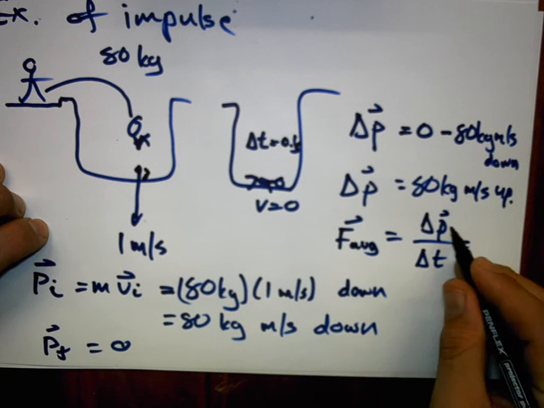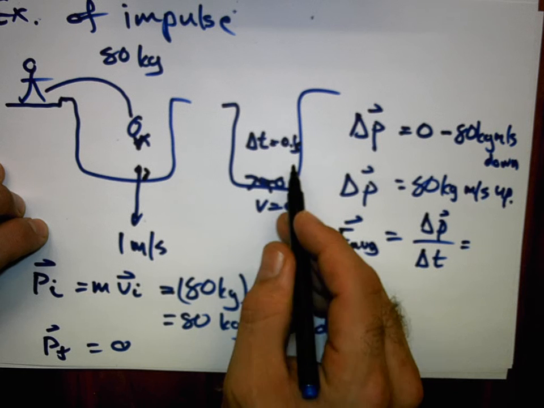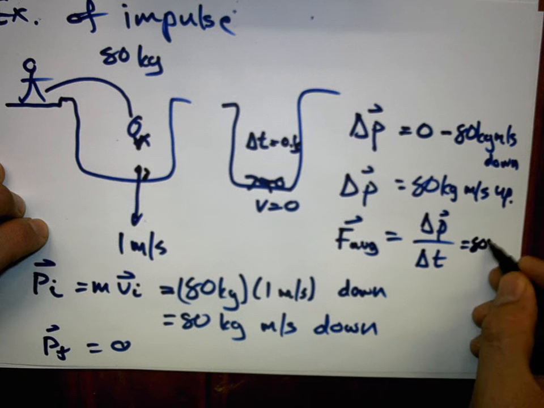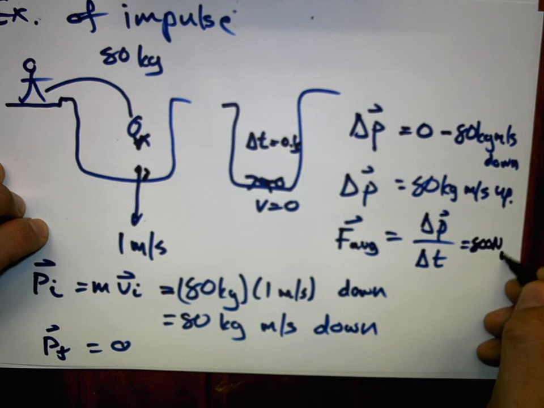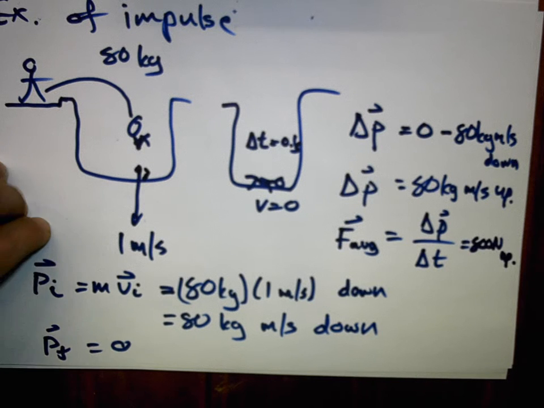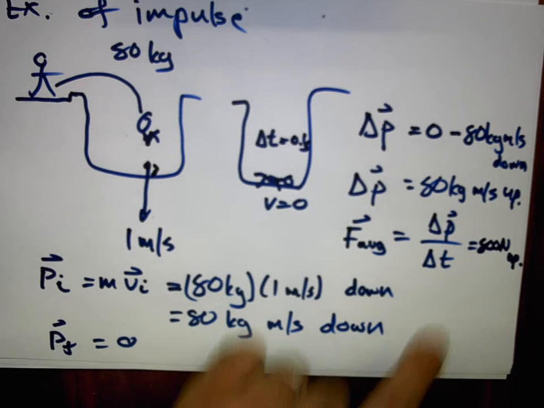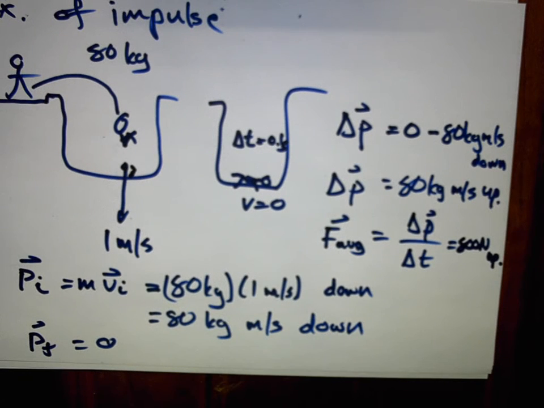So this is 80 kilogram meters per second upwards divided by 0.1. It ends up being 800 newtons upwards. That is the equivalent of an 80 kilogram person sitting on you. So that's about the force that you'll be feeling on average during that moment. So it probably hurt a bit.